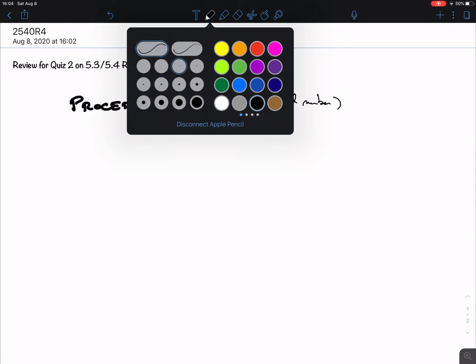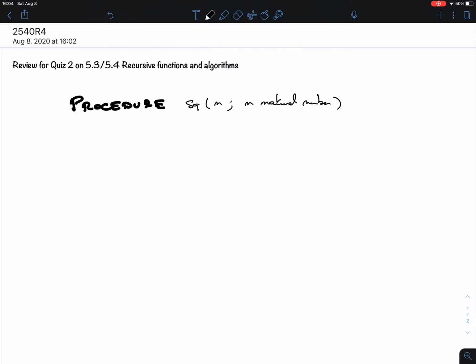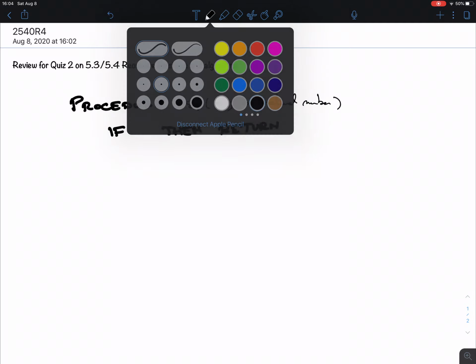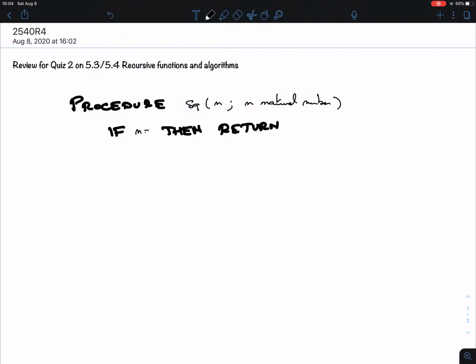As always, very typical in recursive algorithms, if n is 0, then return a value. Oh no, that's not what I want to do. If n is 0, then return 0.